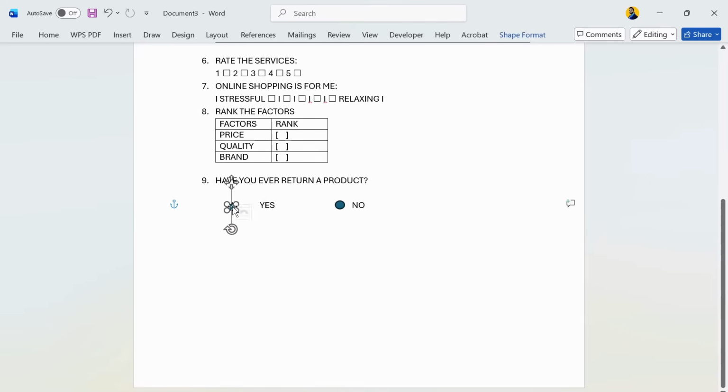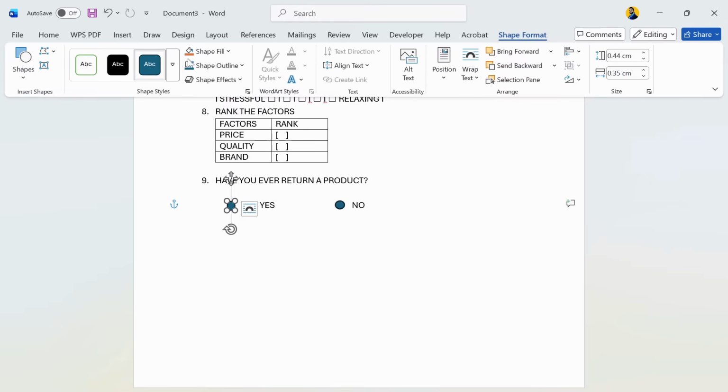Similarly, we can again do it in question number 10, and make sure it will be in black and white color.